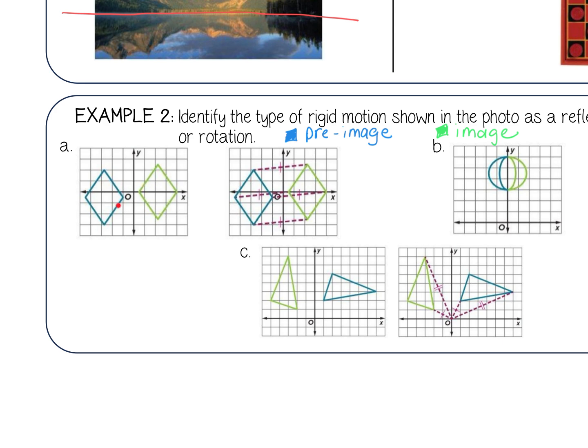So the way to tell what it is, in this case a translation, is that you can draw a line from each point to its corresponding point on the image, and then all of those lines should be parallel. They have the same slope. So this is a translation.